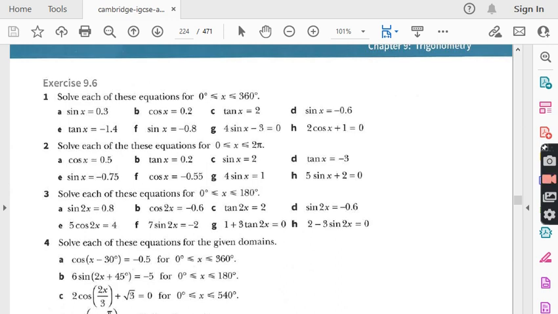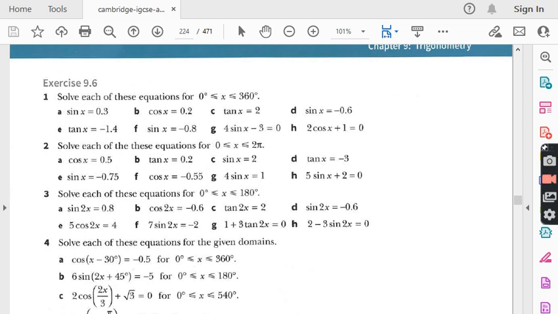Students, in the last lecture we did question number 3 from exercise 9.6. The topic of this exercise is solving trigonometric equations. The definition of solving trigonometric equations is to find the angles of trigonometric functions in the given domain.